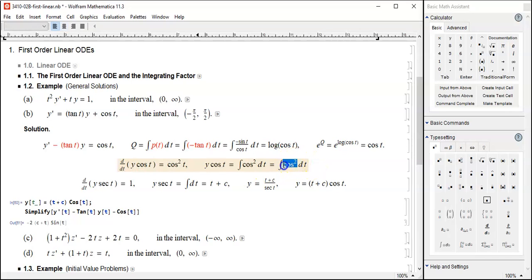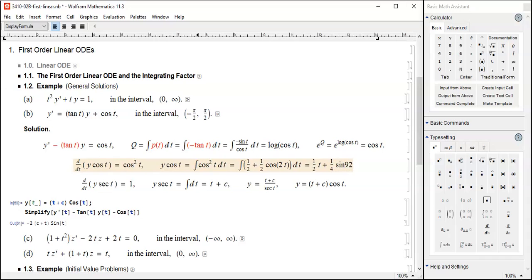What formula do you use? Oops, I'm forgetting t here. Double angle formula, half angle formula, or power reduction formula. It has many names. That's what we use. If it is sine squared, this will become negative. So what do you get? You have 1/2 t plus 1/4 sine of 2t.